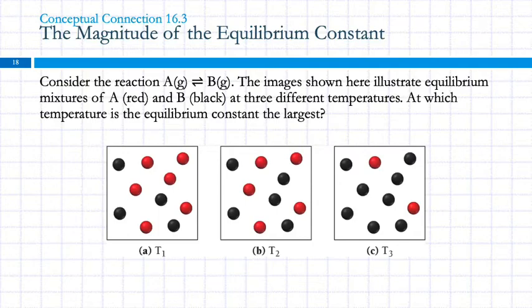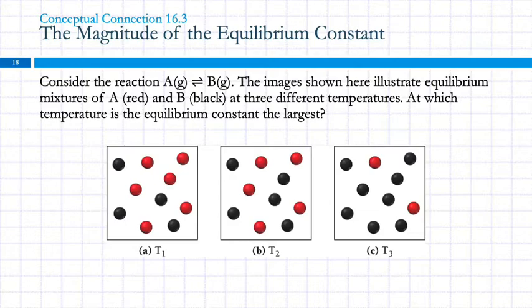Okay, here we have a reaction of A going to B. A is the red circles and B is the black circles. This is shown at 3 different temperatures: temperature 1, temperature 2, and temperature 3. It's asking at which of those temperatures is the equilibrium constant the largest?